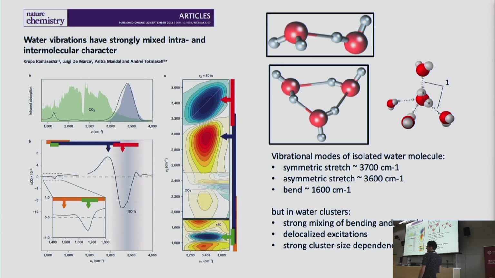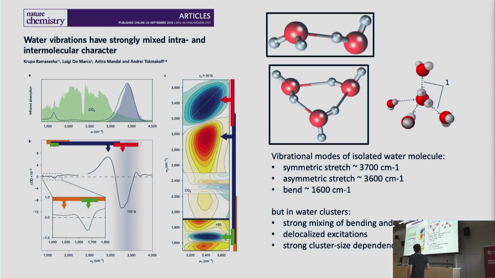We don't have isolated water. Essentially, we introduce some energy in this symmetric or asymmetric stretch, and then it goes everywhere. It strongly couples to bending modes. It also couples to the modes of the whole cluster. It was also shown that some of the excitation becomes delocalized and is shared by the whole cluster.